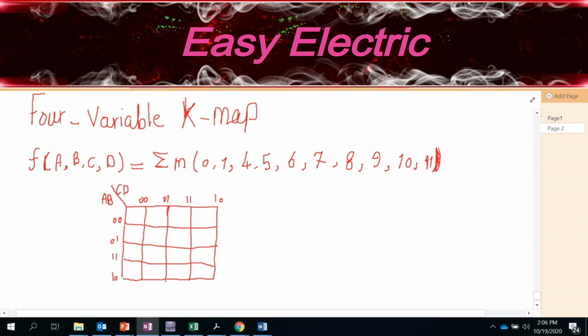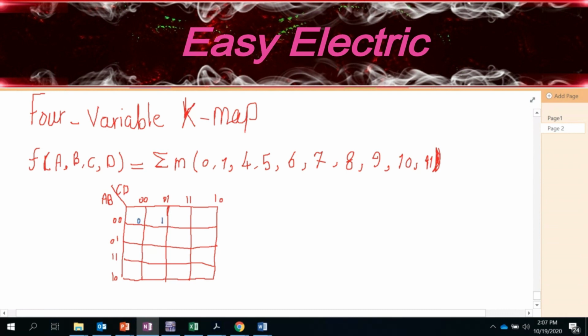Okay. So then each square should get a minterm number, right? So help me to complete this. What should be the number of these squares that you see here? Yeah, that's right, 0. See, similar with the 2 variables K-map and 3 variables. AB is 0 0 here, CD is 0 0, so definitely this is 0.